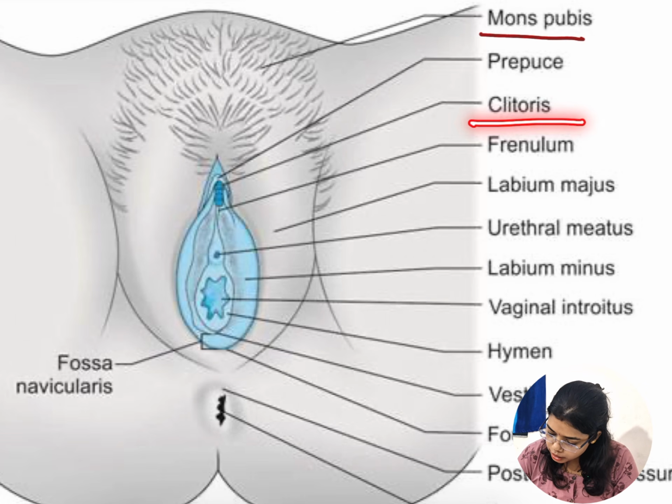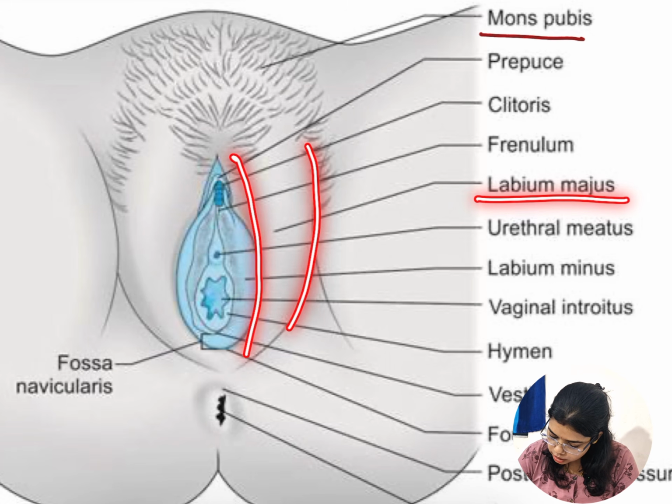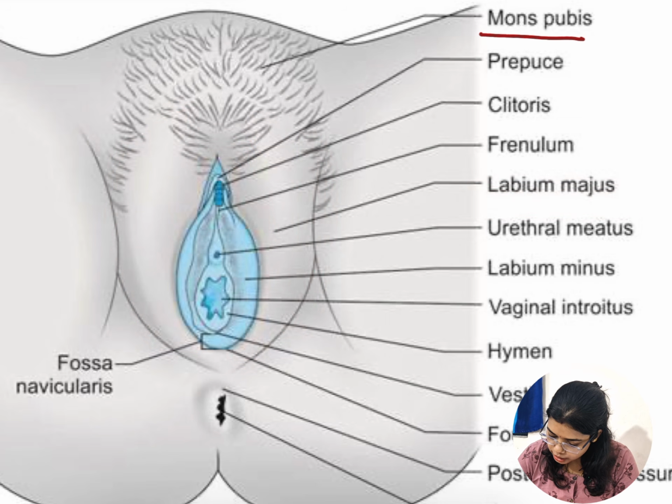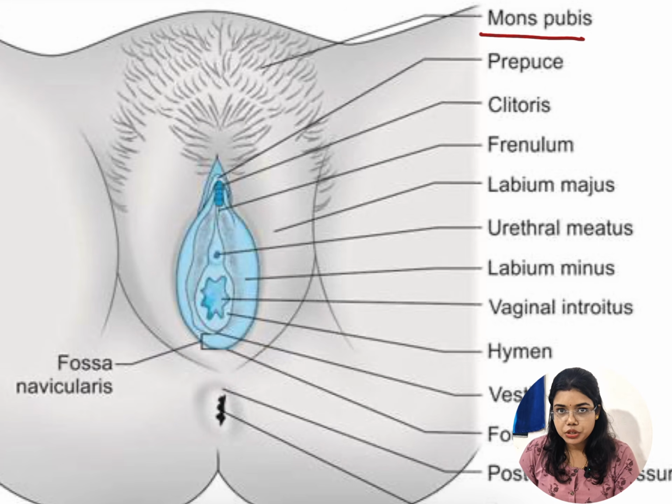Okay, then clitoris, this one is clitoris. Then labia majora, here is the labia majora. Anteriorly it merges with the mons pubis, and posteriorly it forms what? Posterior commissure, which lies here.